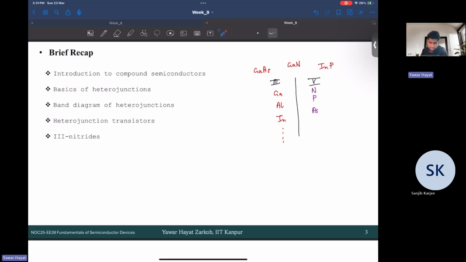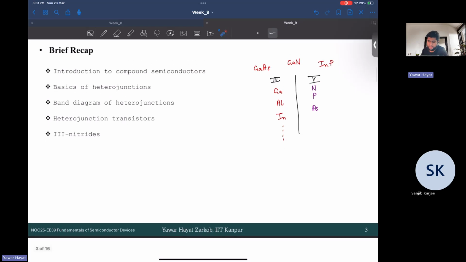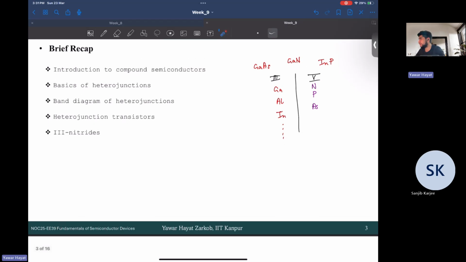Among them, a special class is binary compound semiconductors, in which only two elements are present. What if we exceed that? Let me quote an example: indium gallium arsenide. How many elements are there?